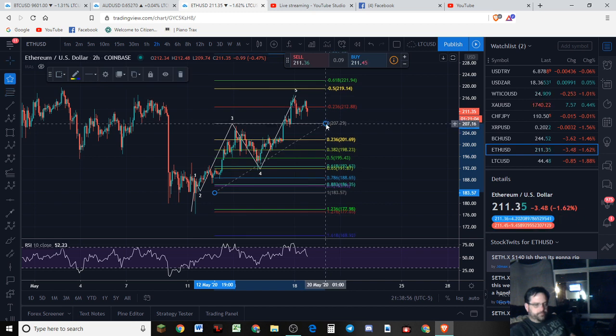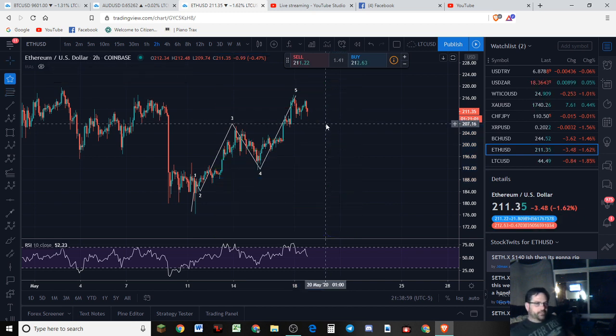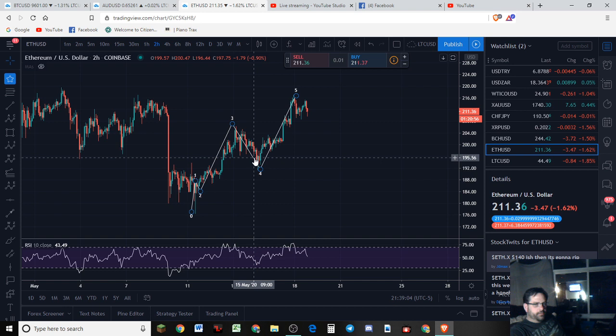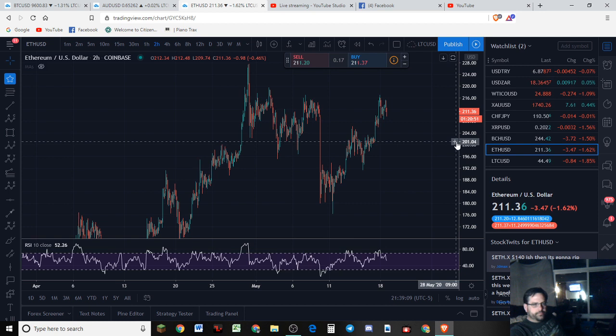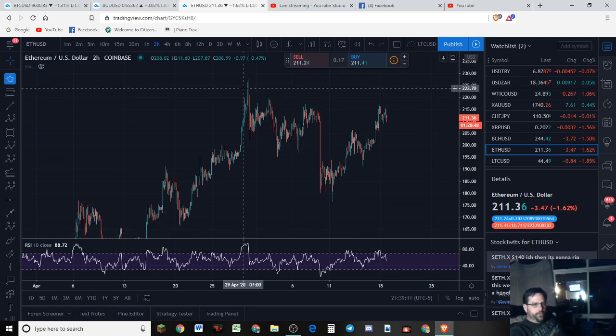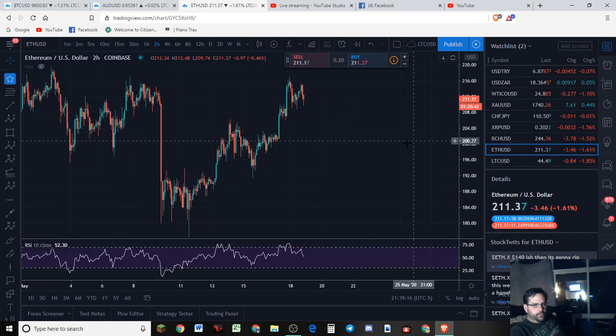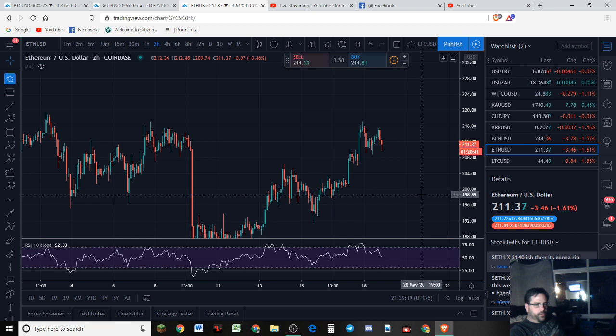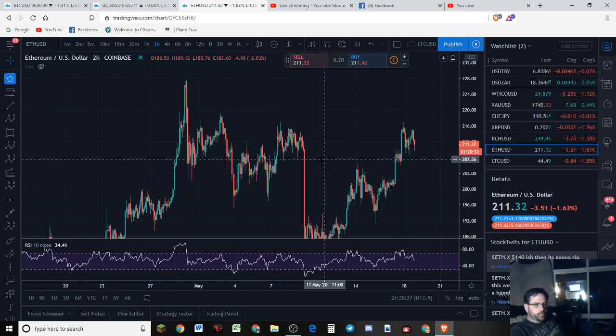Came to the 618. I just don't like any of it, guys. Don't like any of it at all. It looks more like a three-wave move right now. But who knows? See, that's impulse, three-wave, impulse, three-wave, impulse.